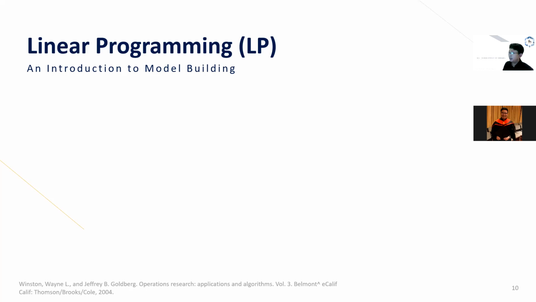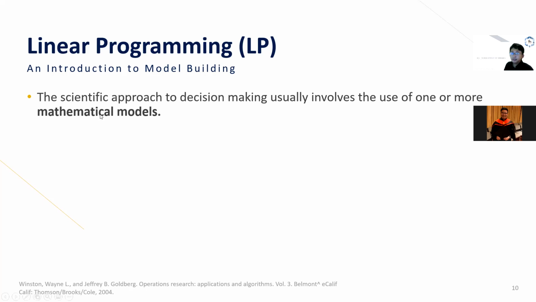Linear programming is normally used as a scientific approach to help decision making, by using the tools of linear programming to make mathematical models. And a mathematical model itself is a representation of the real problem in the form of mathematical equations and formulations.